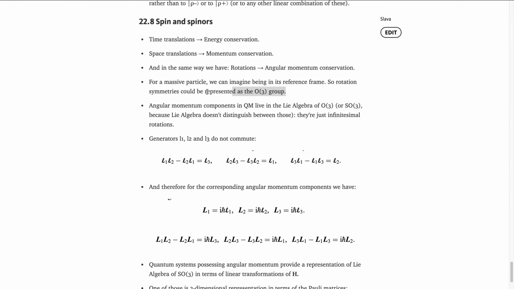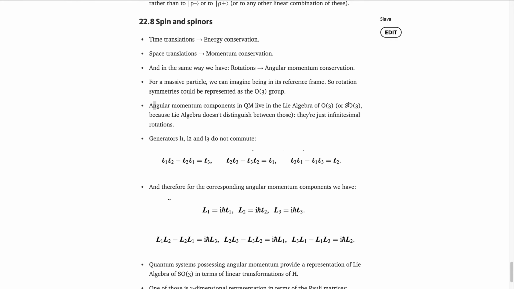But probably it just doesn't matter, because in the next paragraph he says that angular momentum components in quantum mechanics live in the Lie algebra of O3 or SO3. So the Lie algebra doesn't distinguish between those.